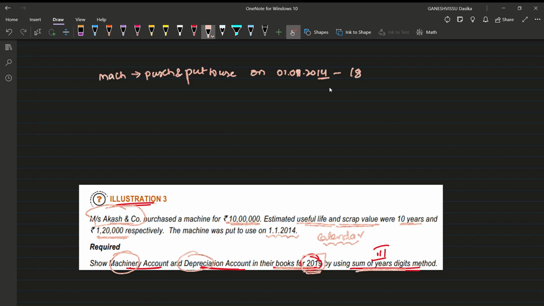In the sum of years of digits method, the total number of years of useful life is 10.